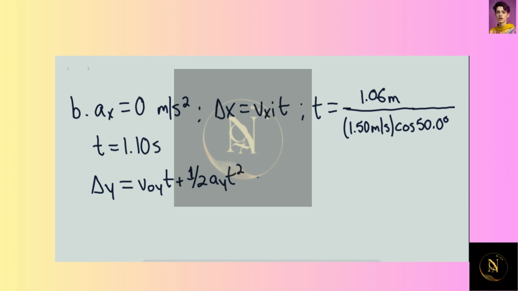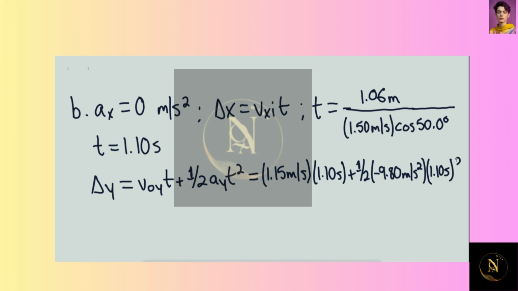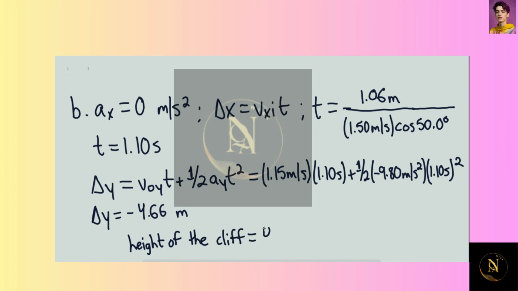This is equal to 1.15 meters per second multiplied by 1.10 seconds plus 1/2 times -9.80 meters per second squared multiplied by 1.10 seconds quantity squared. This is equal to -4.66 meters. So we can say the height of the cliff is going to be equal to 4.66 meters.